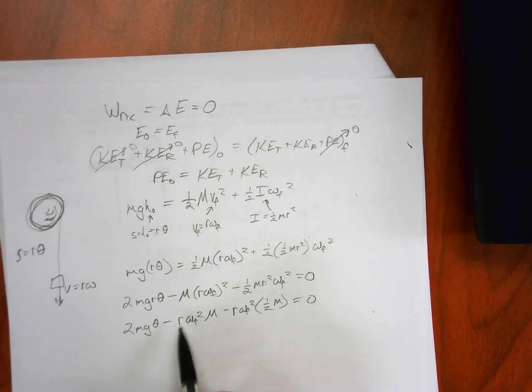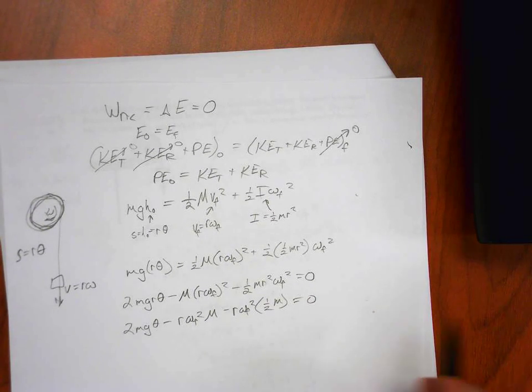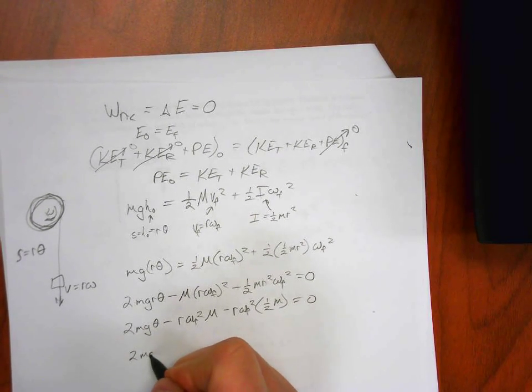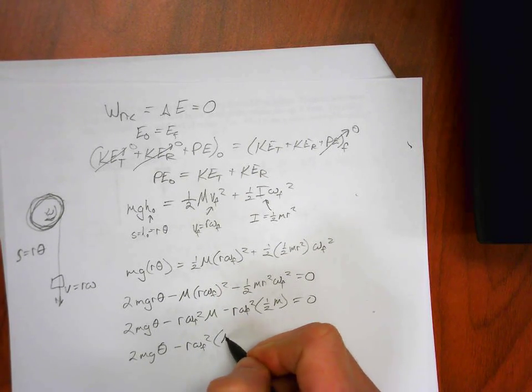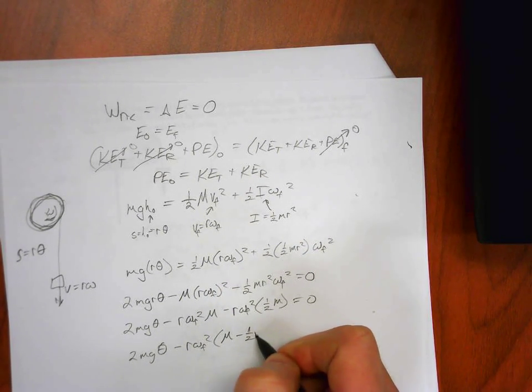So we're eventually looking for omega f, so I can group these terms together. 2 m g theta minus r omega f squared times (capital M minus 1/2 little m).